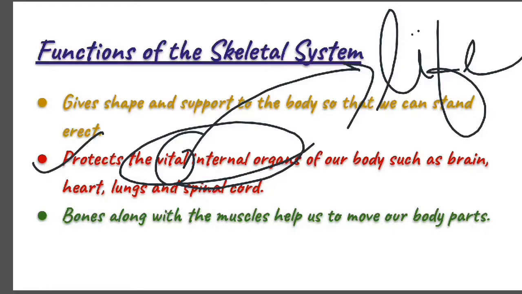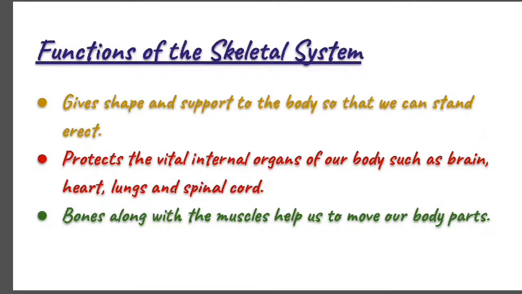So these are the vital internal organs of our body, such as the brain, heart, lungs, spinal cord, and many more. All these organs sit inside our skeleton system and are protected by it.